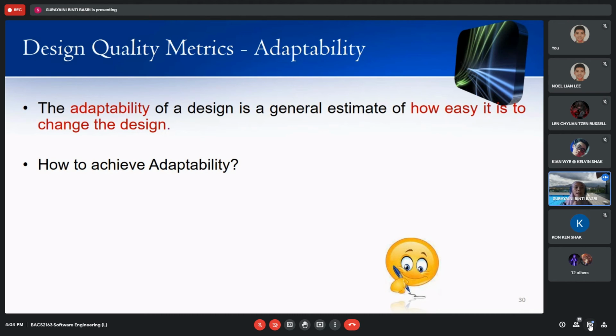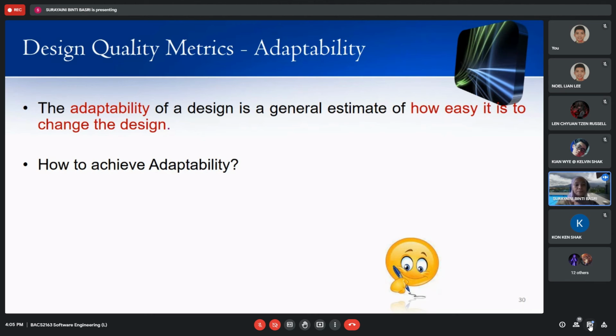So to make sure your design has a good adaptability feature, we need to make sure that the three quality metrics that we have learned previously are already implemented in the design.